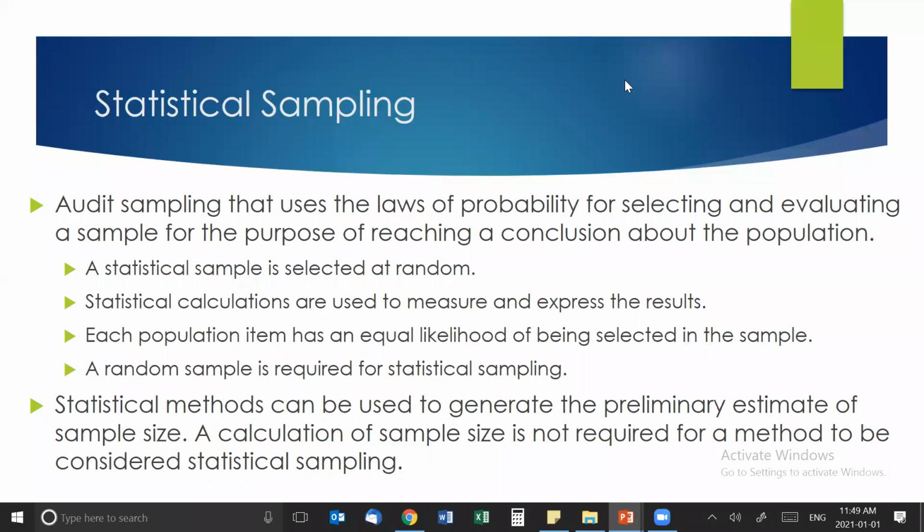So for example, if there are 100 records and you're doing statistical sampling, you could pick every 10th account or every 10th invoice. So 10, 20, 30, 40, 50, and so on. Therefore, each population item has an equal likelihood of being selected.